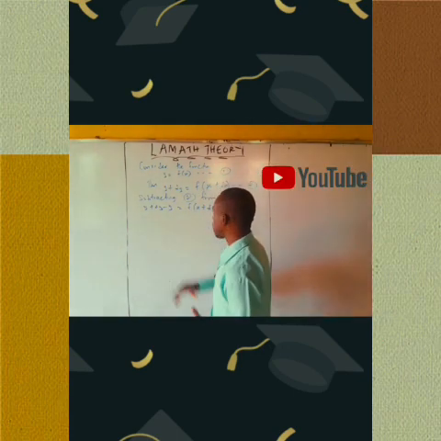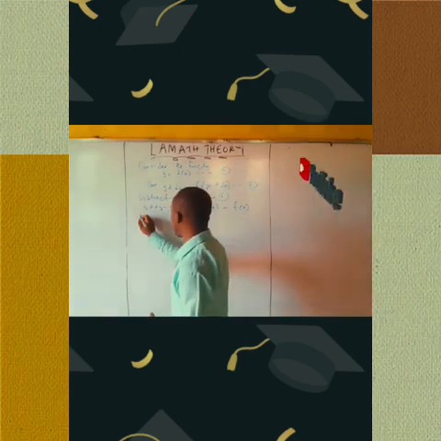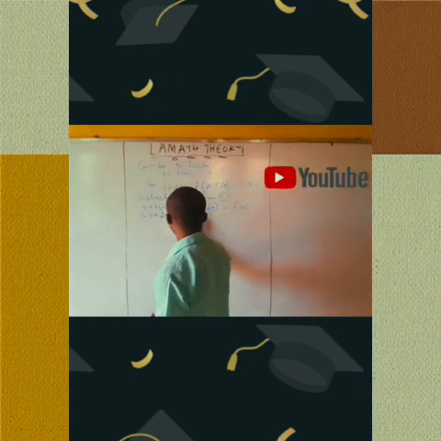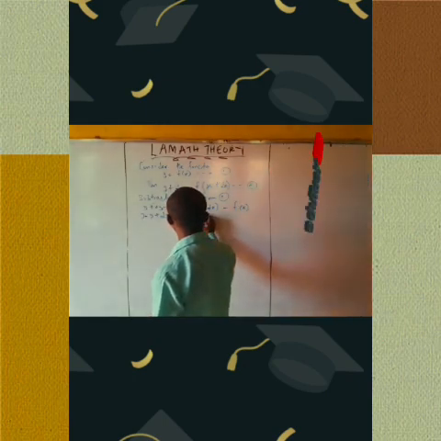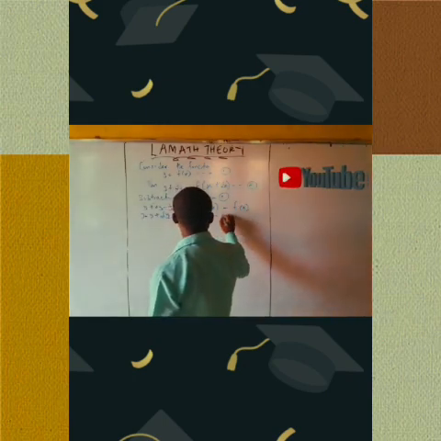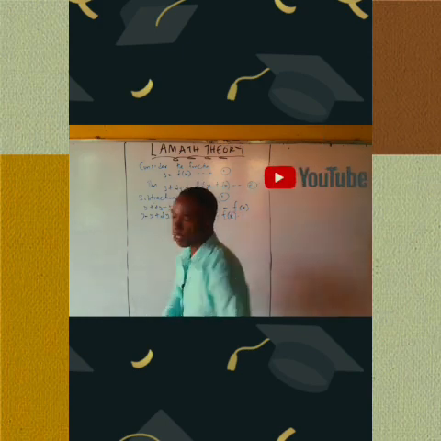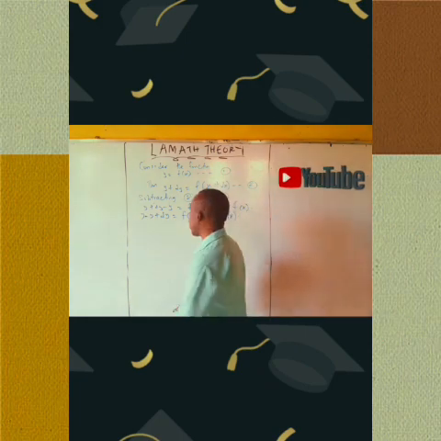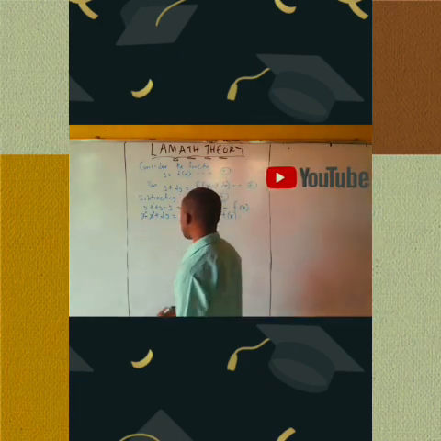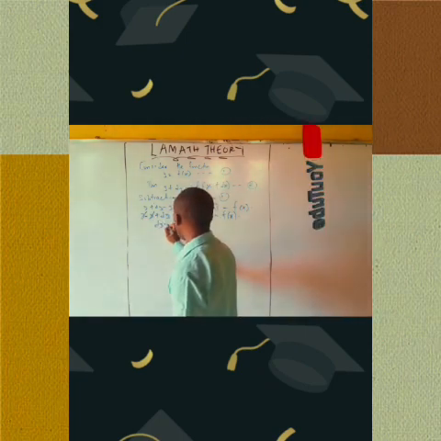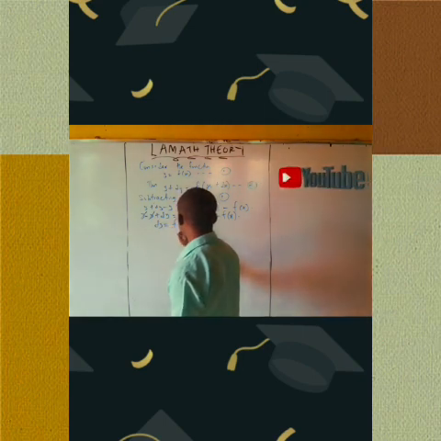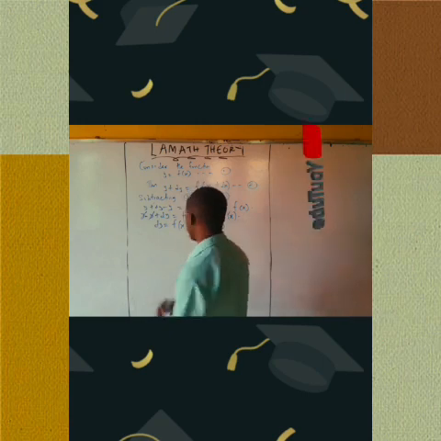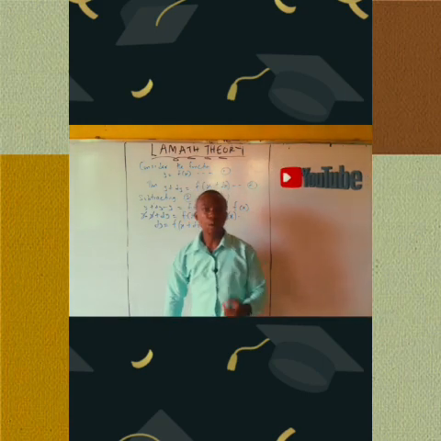Now we are going to collect like terms on each side. So we have y plus dy minus y equals f of x plus dx minus f of x. Are we together now? So the y cancels y, and we are left with dy equals f of x plus dx minus f of x.